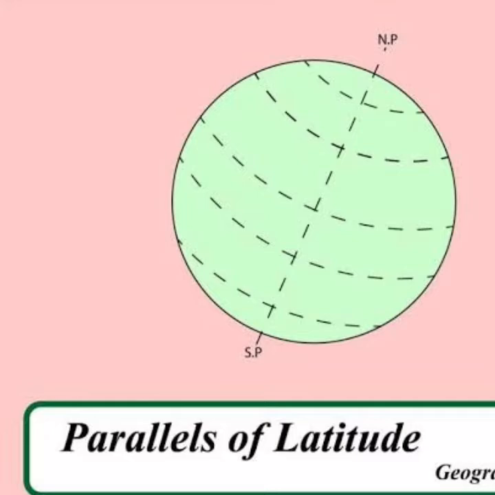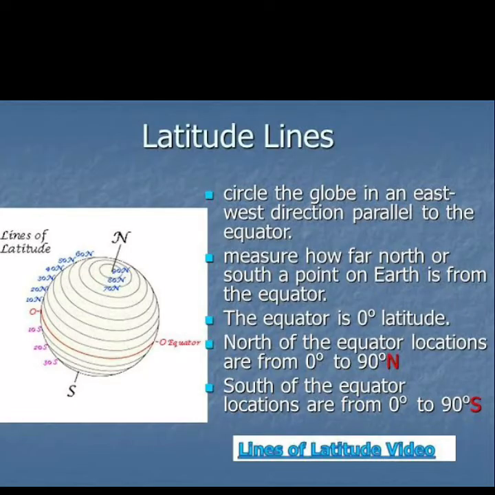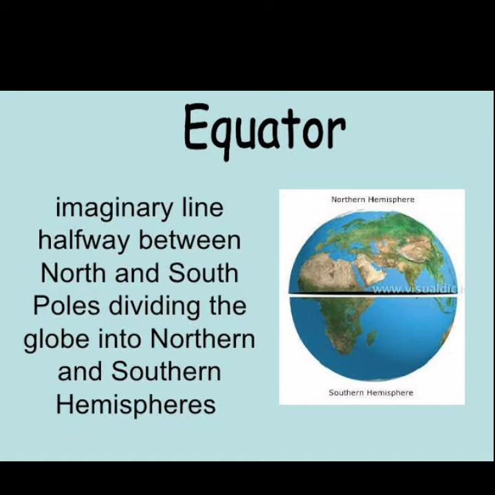Latitudes. Latitudes are drawn in the east-west direction between the two poles. The equator. The equator is drawn between North and South Pole in the middle of the globe.